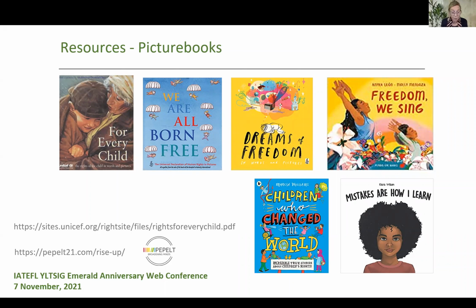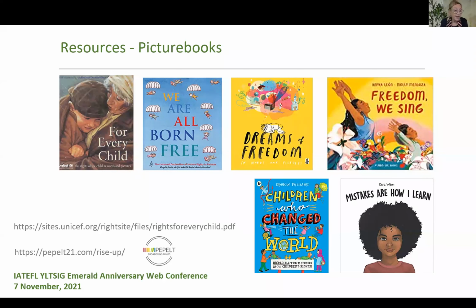And you can find lots of suggestions from the PEPELT team on our website on how to use this picture book. Now, the next one, Children Who Changed the World, by Marcia Williams, published by Walker Books in 2020. We discover stories of well-known child activists. And it was published to mark 30 years since the United Nations Convention on the Rights of the Child was signed by the United Nations General Assembly, and it's endorsed by Amnesty International.